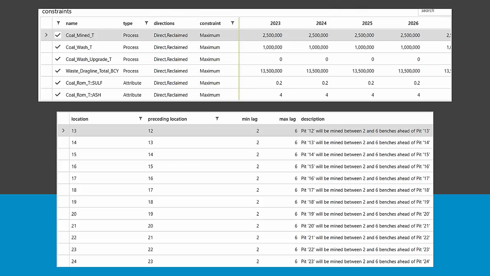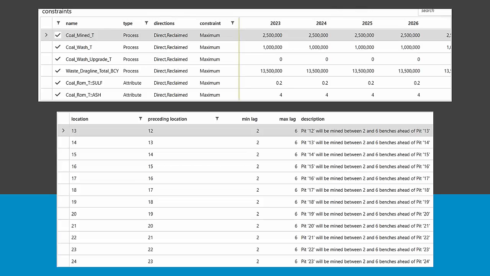With this min and max lag, I can properly control the advance of these strips in order to make sure that the dragline has the room it needs, and it has to move on before I can be mining the coal. Otherwise, I can't be spoiling over. So I can set lag on these polygon benches in order to ensure practicality of my schedule to get previous equipment out of the way before the coal equipment comes in to do its job.